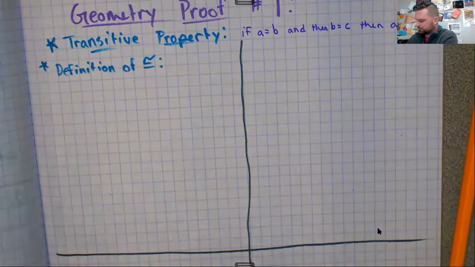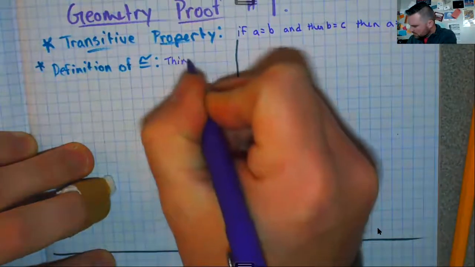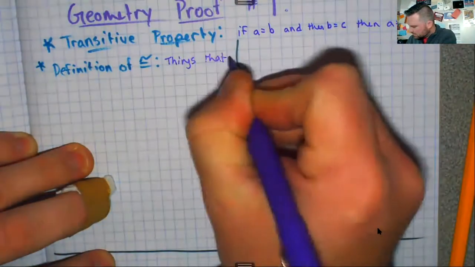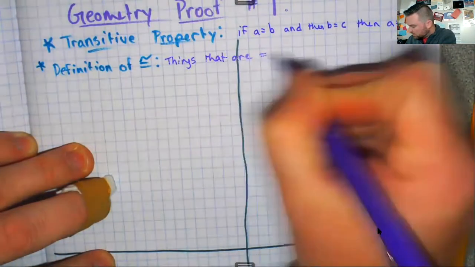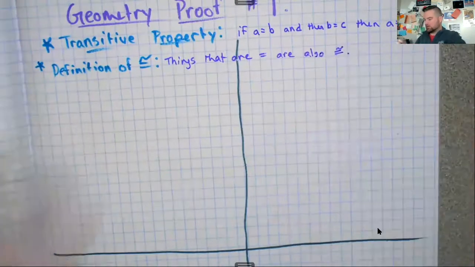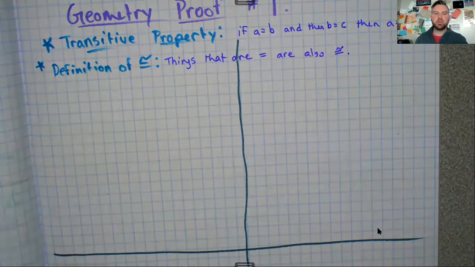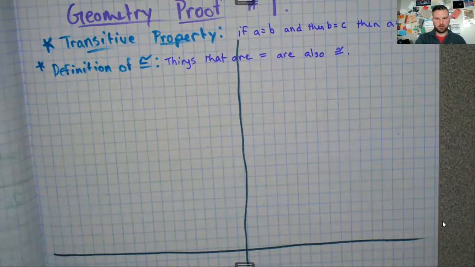What this means is things that are equal are also congruent. So if you have two things that are equal, you can now say that they are congruent because of definition of congruent. Okay, and we'll see that in some of these proofs today. Okay, let's look at our first proof here.